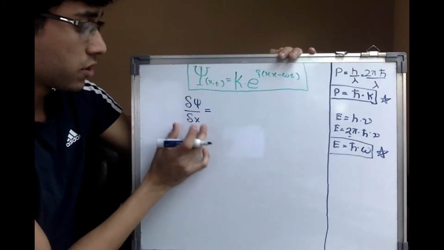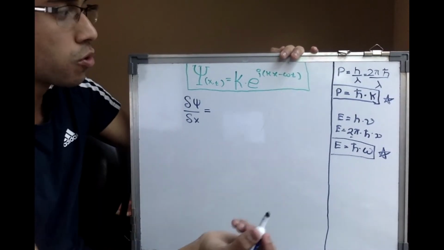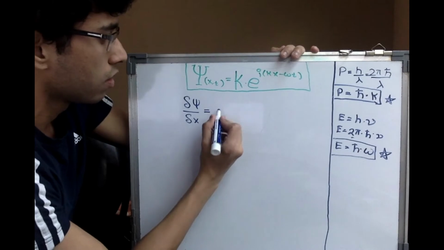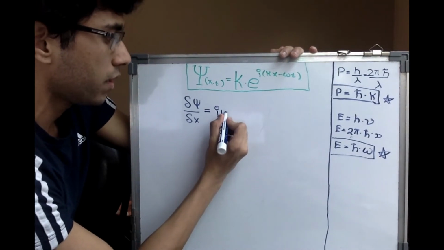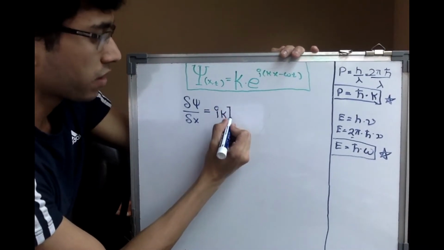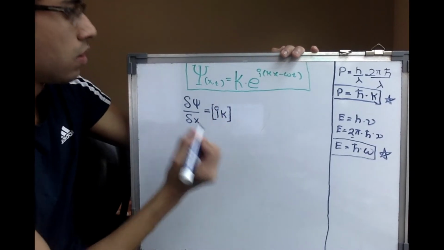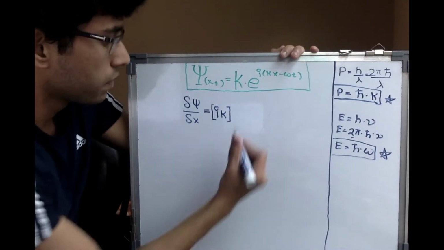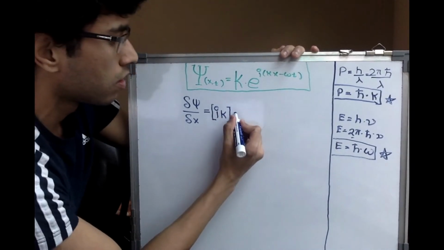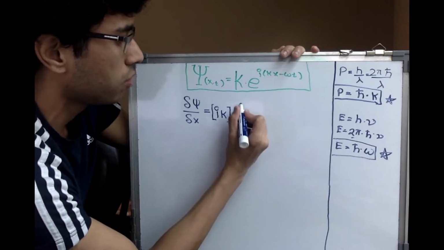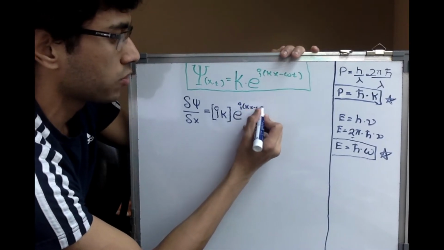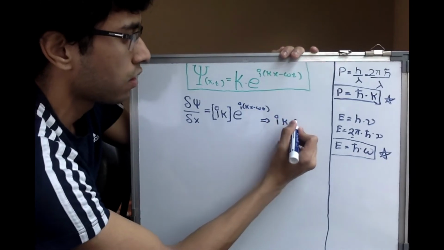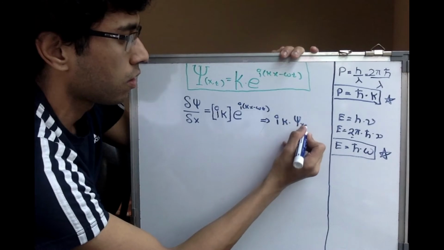Since I'm partially differentiating with respect to x, the t term goes to 0, the exponential term stays, and this will come out, so I will get i times k times e to the power of the function. This is a very trivial differentiation. So i times k times e to the power i(kx minus omega t), which is nothing but ik times psi of x comma t.